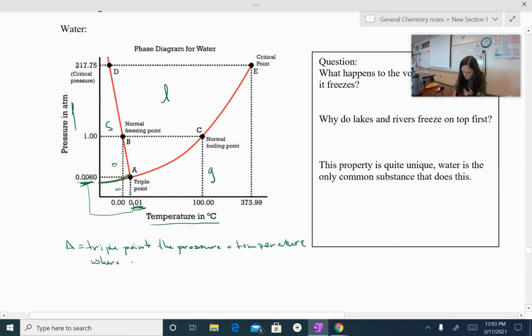where all three phases, solid, liquid, and gas, are found at the same time, in equilibrium.